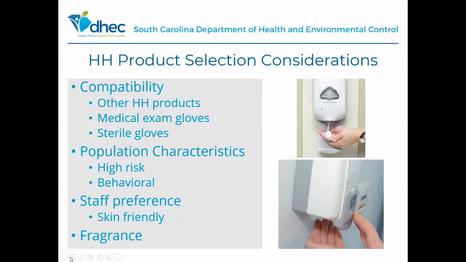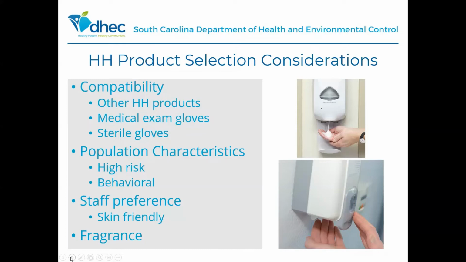All right, so one of the considerations should be the compatibility. So you need to consider the compatibility of your products with other hand hygiene products, especially if you're having to use any that have antimicrobial properties. Should have compatibility with the medical exam gloves that you have, and your sterile gloves if you have to use sterile gloves, because certain products can break down gloves, and so you don't want to have a breach with your glove use.